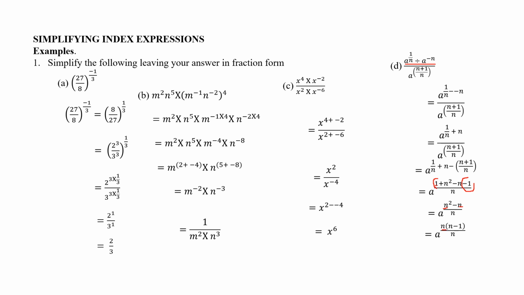Then inside, the n squared now condenses to n, and the n condenses to a 1 to have this. So the n here is going to cancel out with the n there to have a power n minus 1. So we have simplified the expression there.